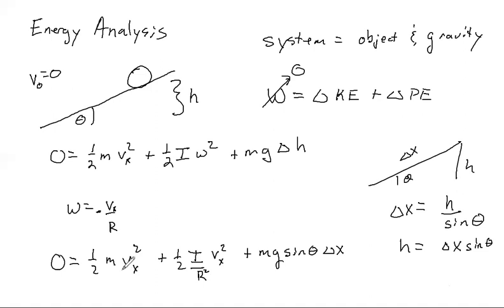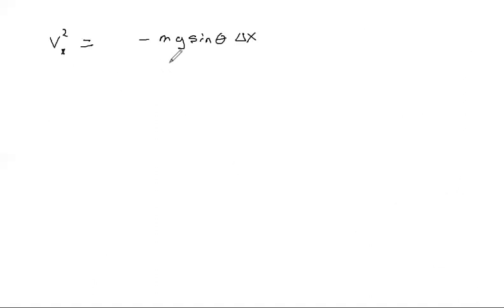And then I can factor out the velocity squared. So the coefficient of that is half m plus half I over r squared. So I can divide this by half of m plus I over r squared.